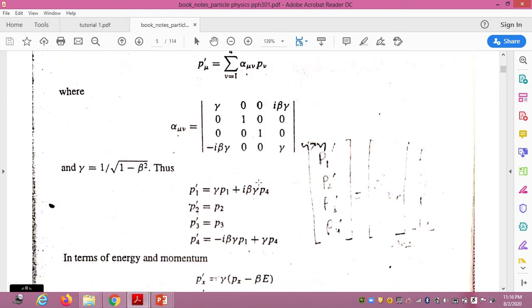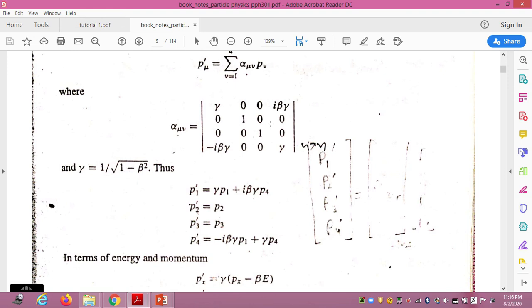Okay, so here you can see that gamma is defined in terms of beta like this. Gamma is 1 upon under root 1 minus beta square. Now we want to know how each momentum in the sigma prime frame is associated with the momentum in the lab frame sigma, which is by multiplying with this particular matrix.